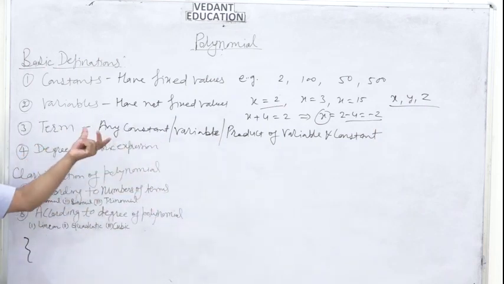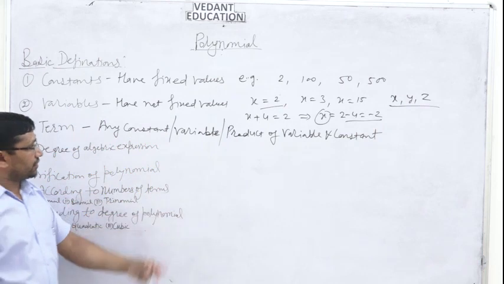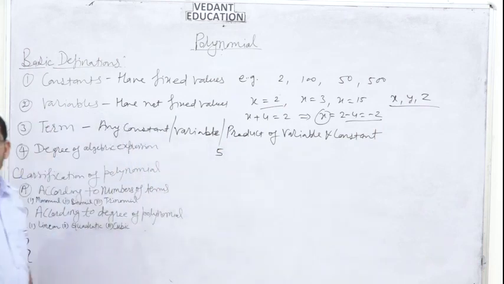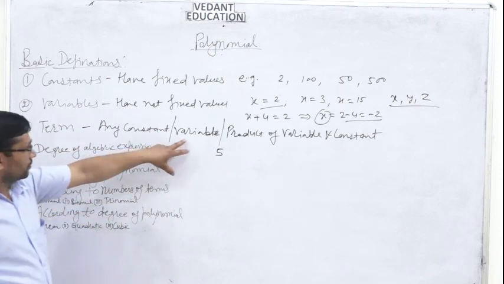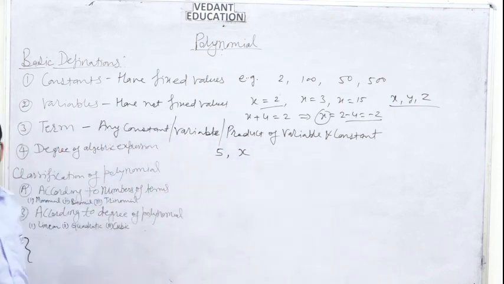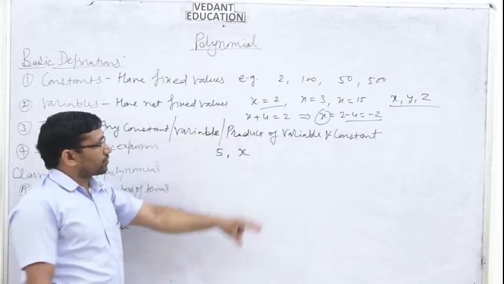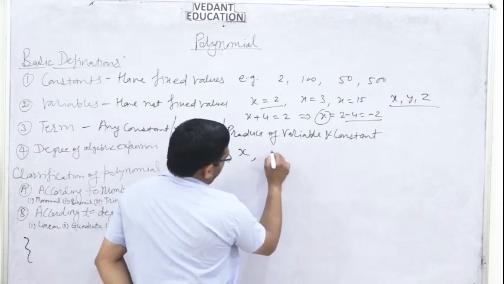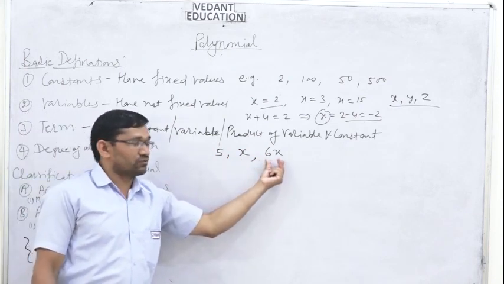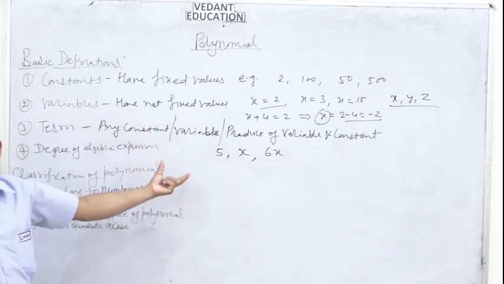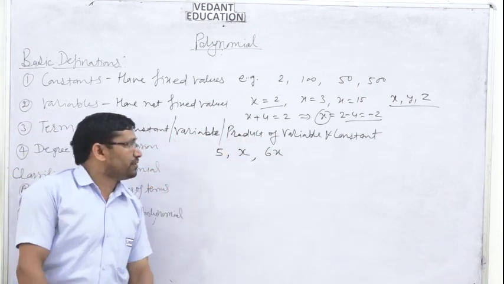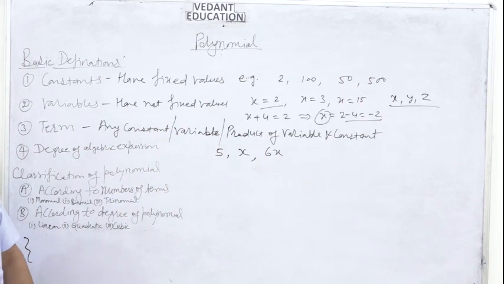So what is the definition of term? Term is any constant, it means suppose any constant like pi. Or any variable, it means x. This is also a term. Or product of variable and constant, it means 6x. This is the product of variable and constant. These all are examples of term. It means term may be any constant, may be variable, and may be product of variable and constant.